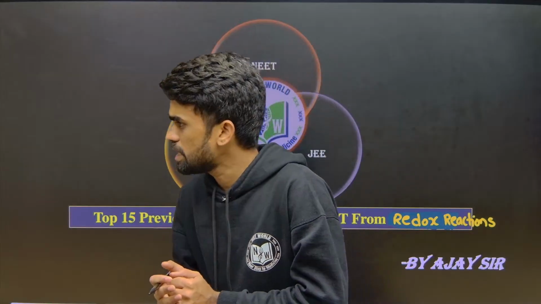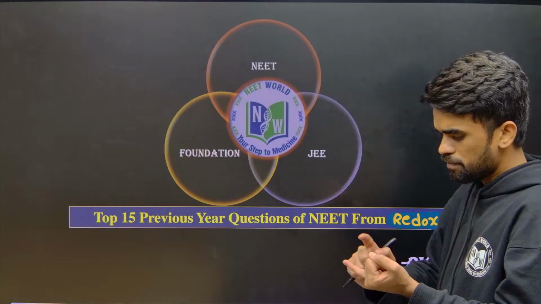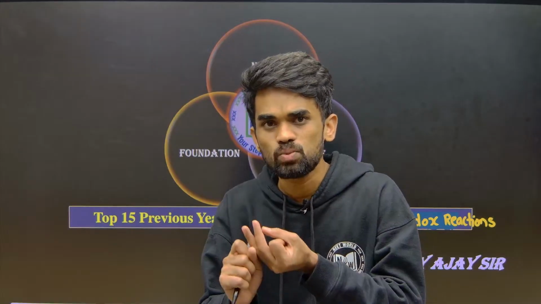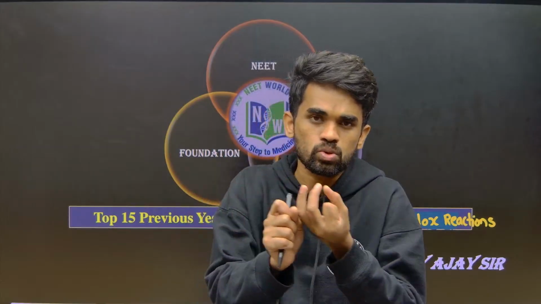The first thing we need to know about these redox reactions is finding the oxidation states, and what exactly oxidation means, how we can identify it, and what exactly reduction means, how we can identify it. Reduction means gain of electrons, so the number will be reduced, it goes towards 0 or towards minus. By gain of electrons, negative charge is gained, so the number decreases, and we can say reduction.